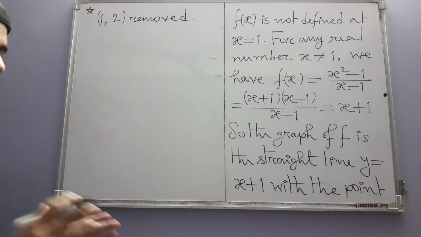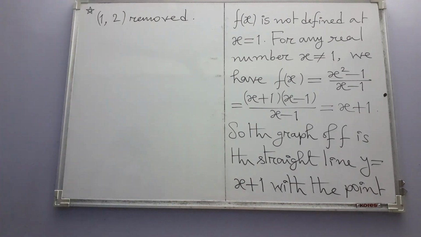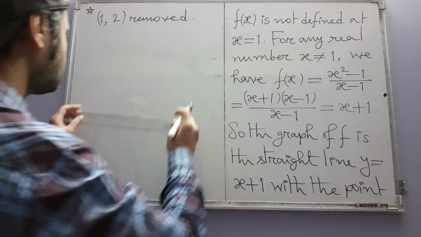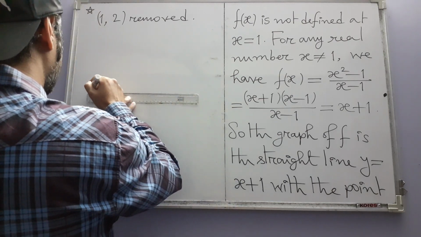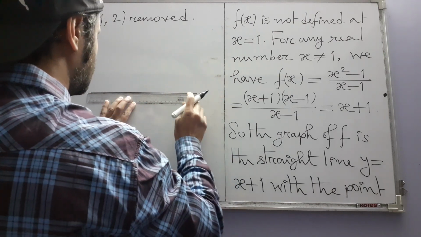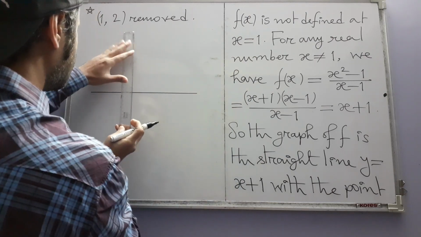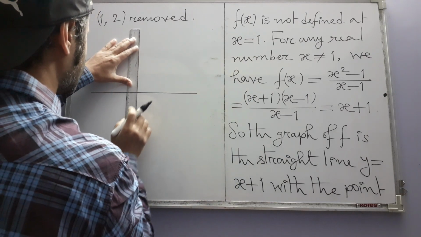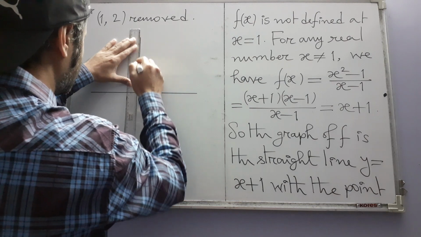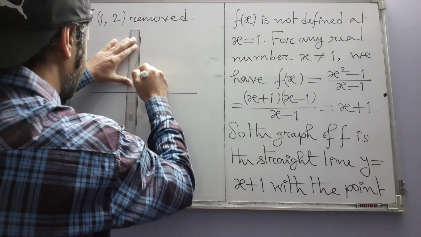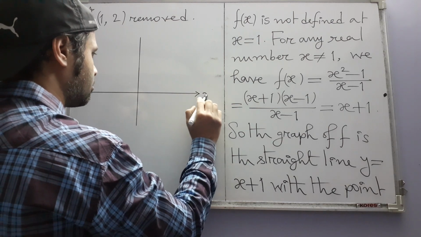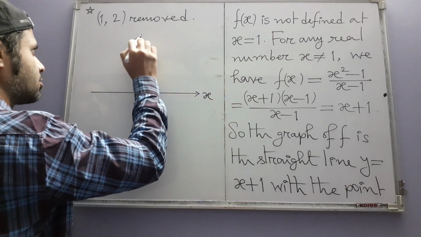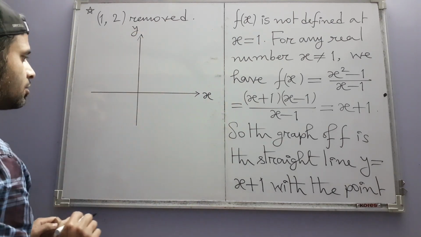Okay, so let us now draw the graph. So this is our usual x-axis, this is the y-axis, this is the positive direction of x-axis, the positive direction of y-axis.